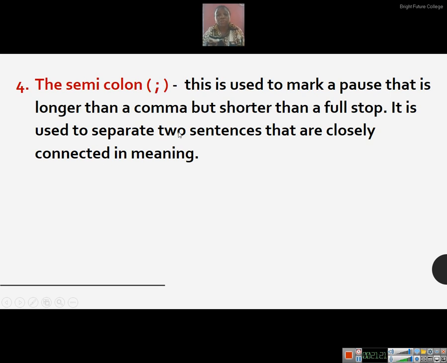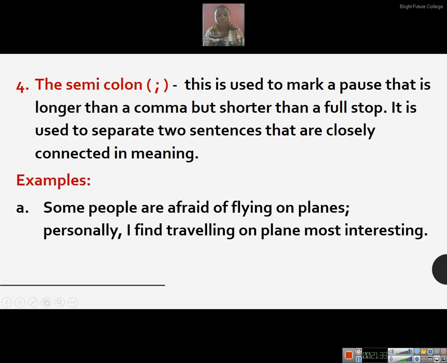It is used to separate two sentences that are closely connected in meaning. Examples we have: Some people are afraid of flying on planes; personally, I find traveling on a plane most interesting.